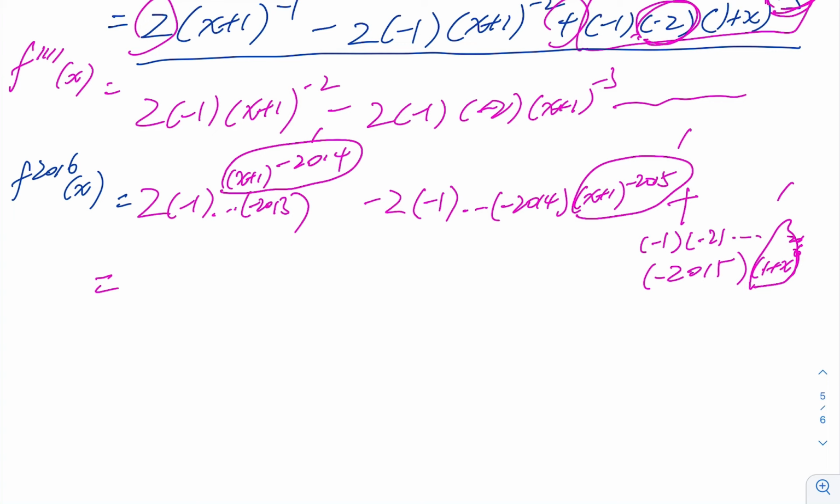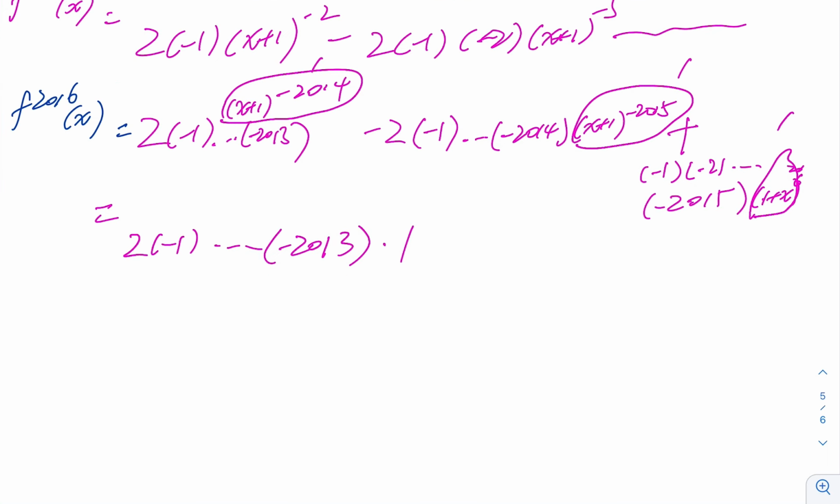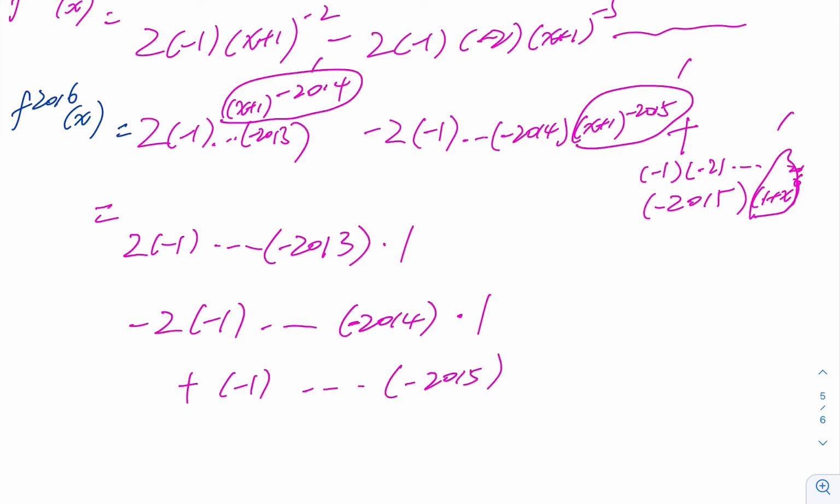So now we've got this pattern is 2 minus 1, blah, blah, blah, times minus 2013 times 1, minus 2 minus 1 times 2014. Sorry, minus 2014, plus times 1, plus minus 1 times 1.